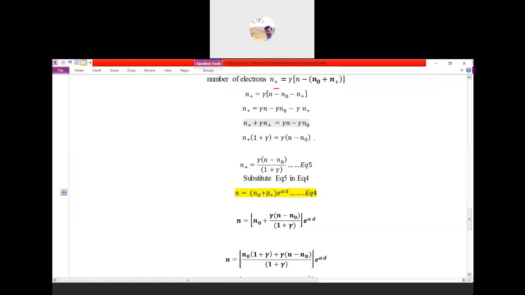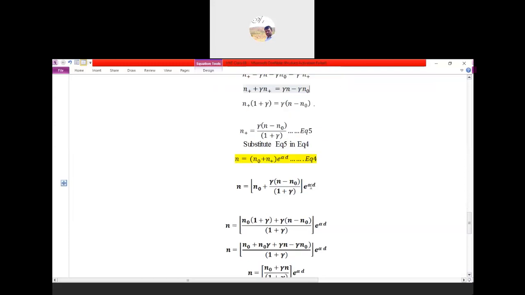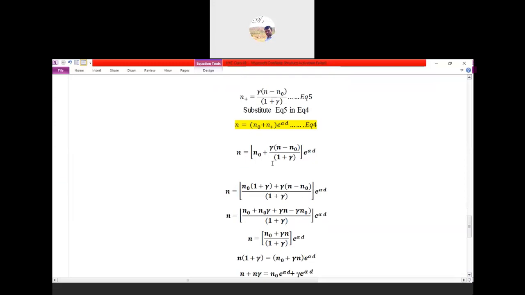So we are considering gamma as the effective electrons, with the total number of electrons released. From this, due to the secondary process, n plus is equal to gamma times n minus n naught plus n plus, where n minus n naught plus n plus is the number of electrons produced at the cathode.